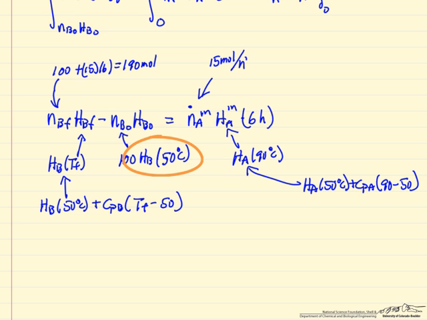And this enthalpy of B is at 50 degrees. So what we're going to do is make these substitutions into our first law equation here and do some rearranging.